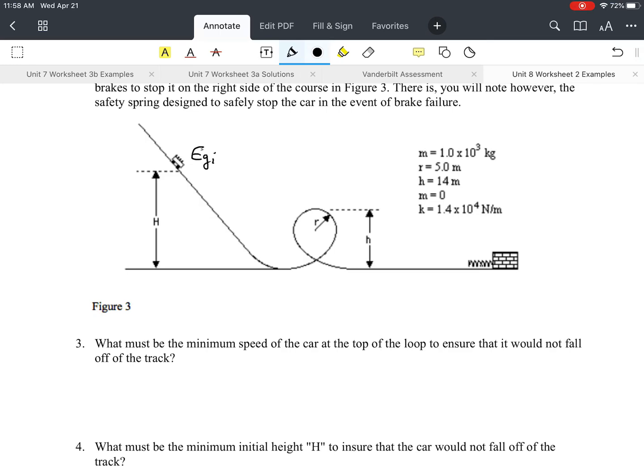Then the roller coaster car will get right here at the top of the circle. We're going to care about that there. When it gets to the top of the circle, it's going to have two energies. It's going to have some EK, like EKF in the final state, and then it's also going to have some gravitational energy in the final state.